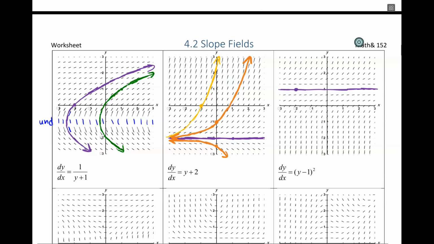Here, let's say I want this one, I see again it looks kind of like a horizontal asymptote. And again, if I start above the curve, so let's say I want to go through this point, I get something more like this.